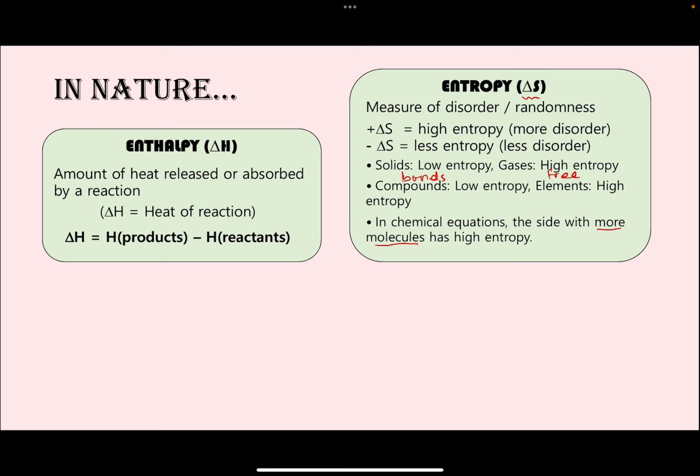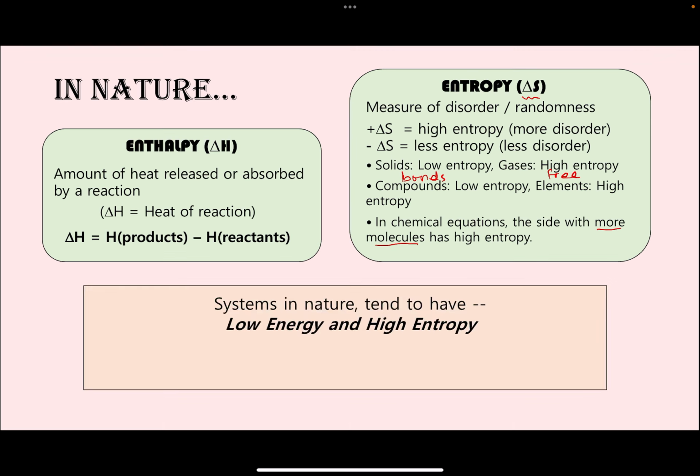So how do these two things relate to the type of reactions that are favored in nature? In nature, and this question, there's like a 99.9% chance that you are going to get this question on the exam. So please do not get this one wrong. So in nature, the reactions that have very, very low energy and very, very high entropy are favored.